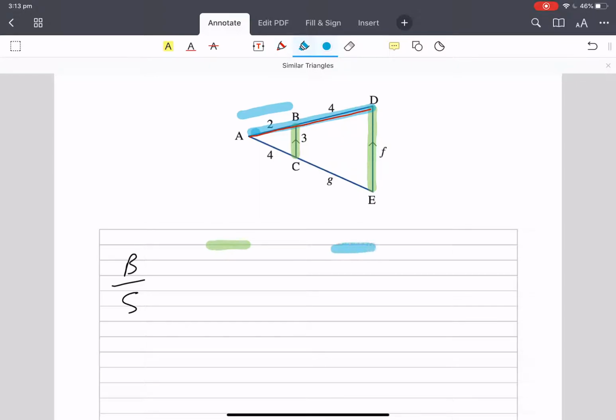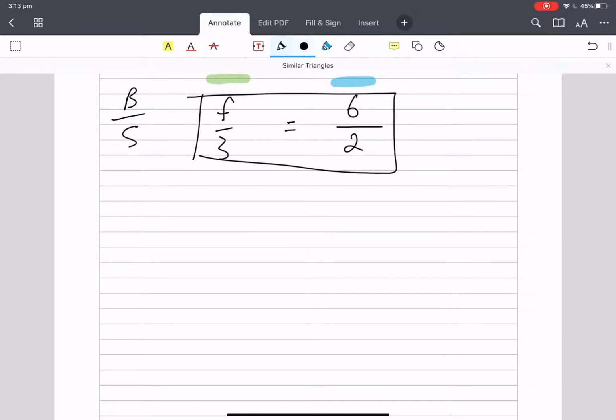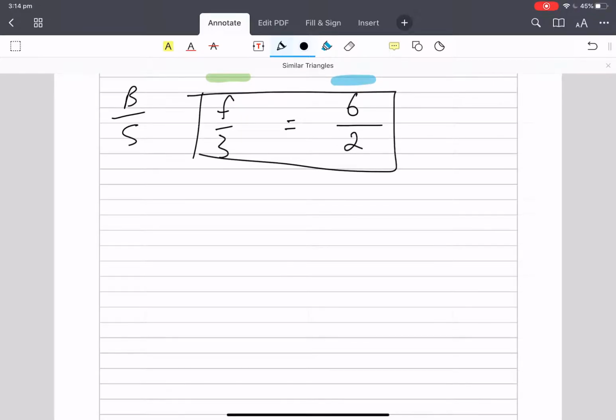We need this blue ratio. Okay, green, big over small. Blue, remember that red line is the big line and that is 6 long, and then the small triangle is 2. So once that's done our job, the BS is done, we need just to solve that one-step equation.